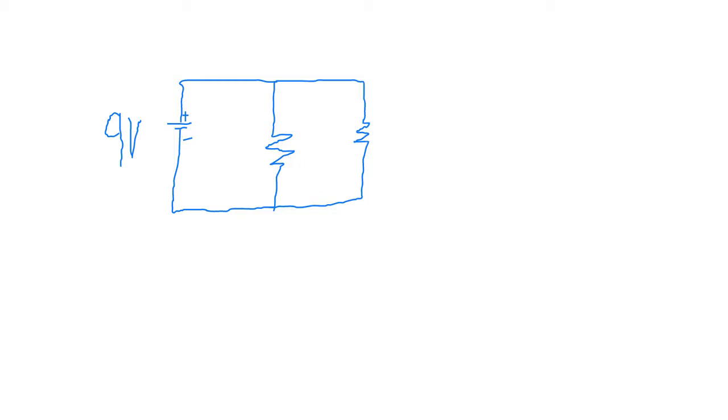So R1 is equal to 3 ohms, R2 is 7 ohms, and then R3 is equal to 9 ohms.